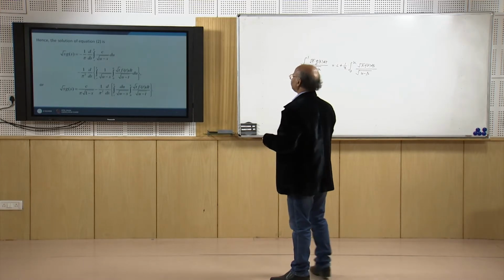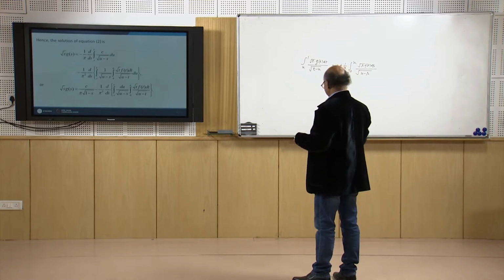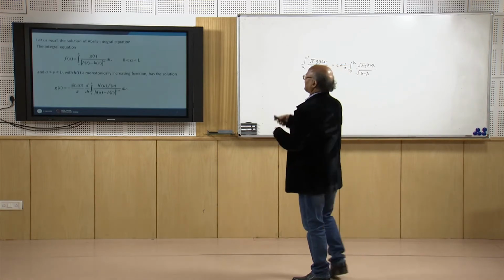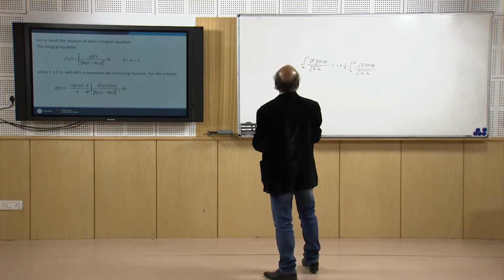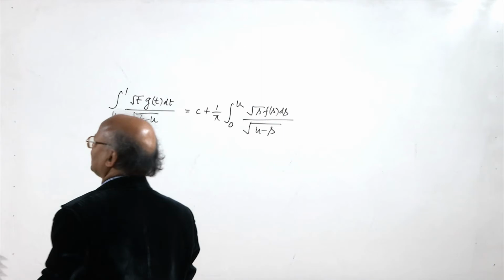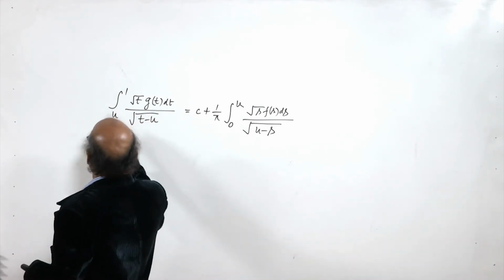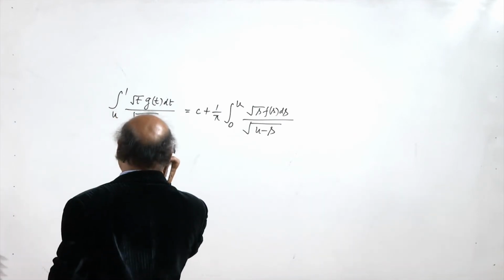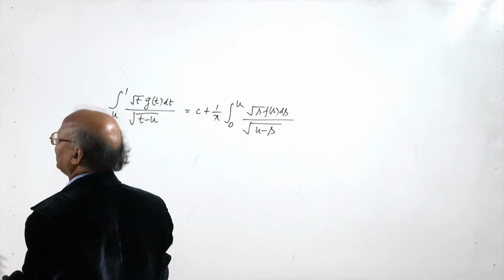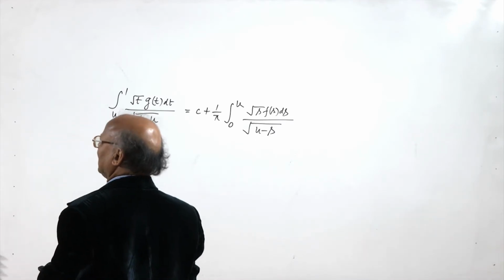Let us apply this result to this one. This is square root, u to 1. So this side, integral u to 1 root t gt dt upon square root t minus u. When we solve using this equation, what will we get?